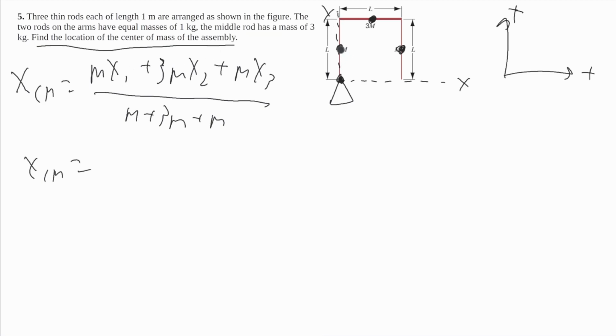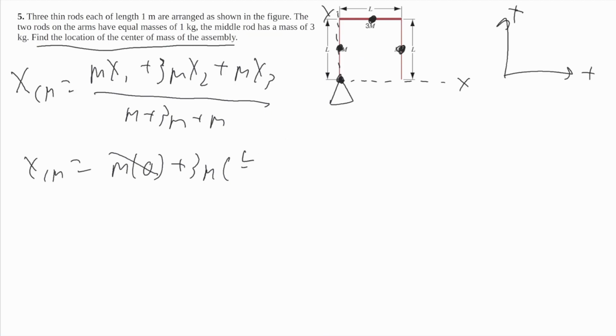Well, the center of mass of this first rod here is right here. And this doesn't have any x component. It only has a y component. So for this, its x position is going to be 0, and it'll cross out. So for the next rod, it'll be 3m times this x position will be L over 2 away from this x origin.